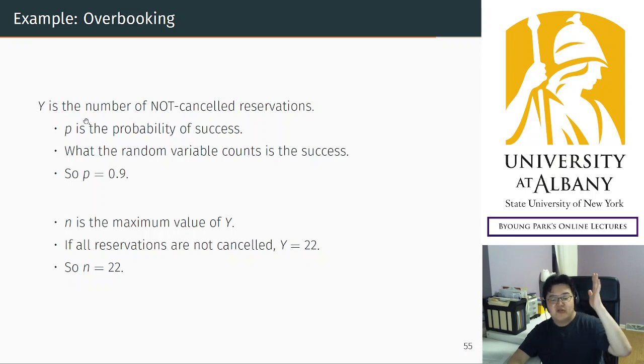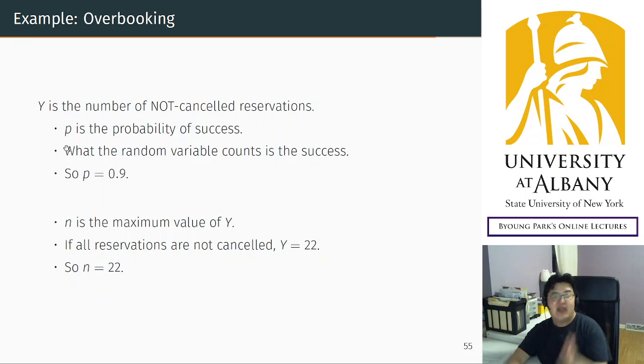So the event that's counted is the success. So when we count non-cancelled reservations, this is success, right? Because the binomial random variable is defined as the number of successes. So by construction, success equals non-cancelled reservations.